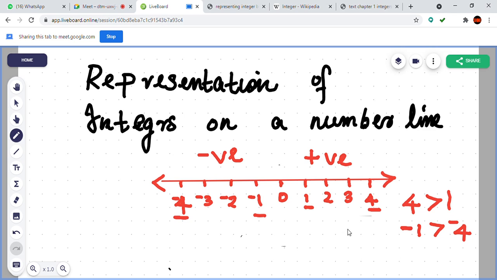Listen: in case of positive numbers, 4 is greater than 1. But in case of negative numbers, -1 is greater than -4, because -1 is on the right on this number line. -4 is on the left and -1 on the right. So -1 is greater than -4.